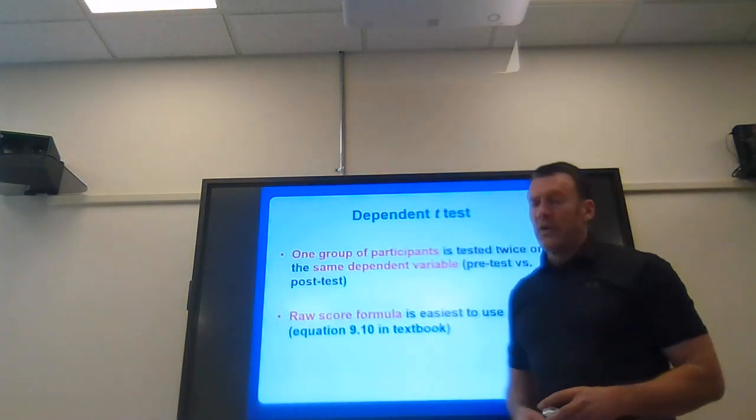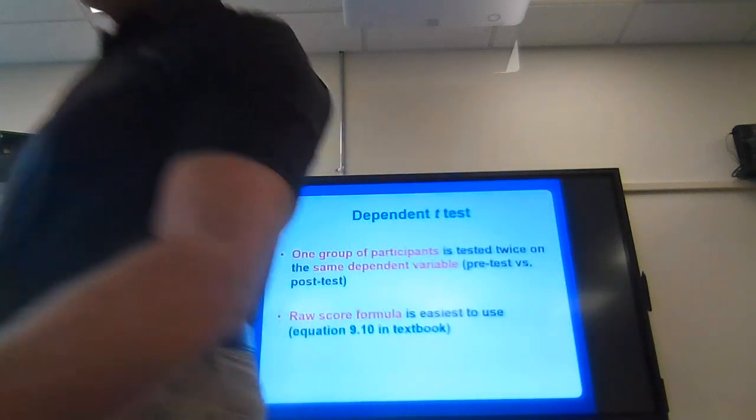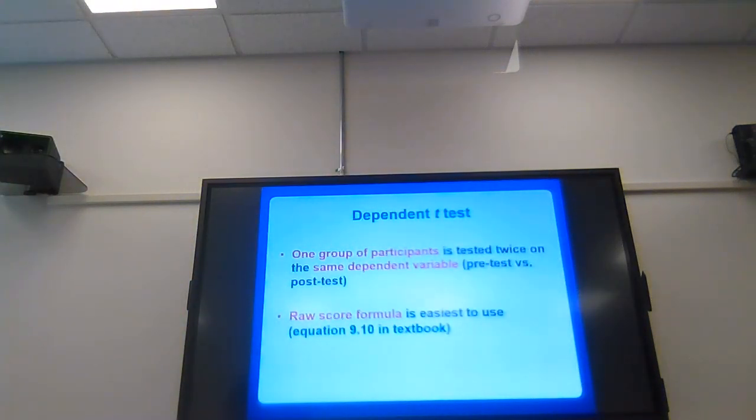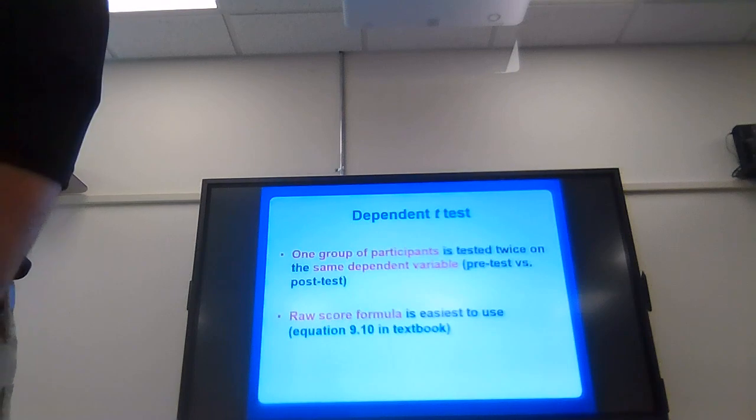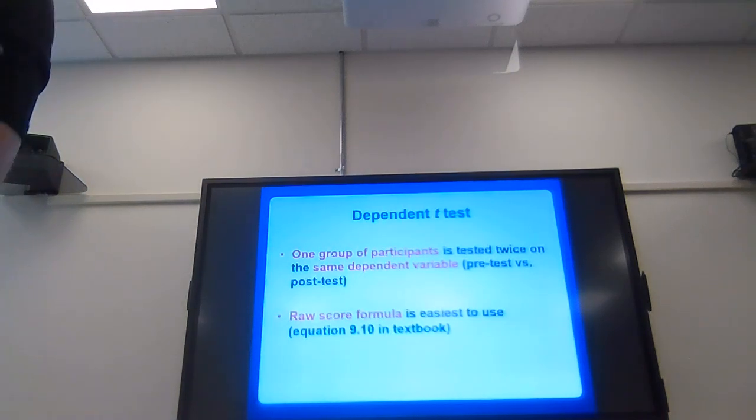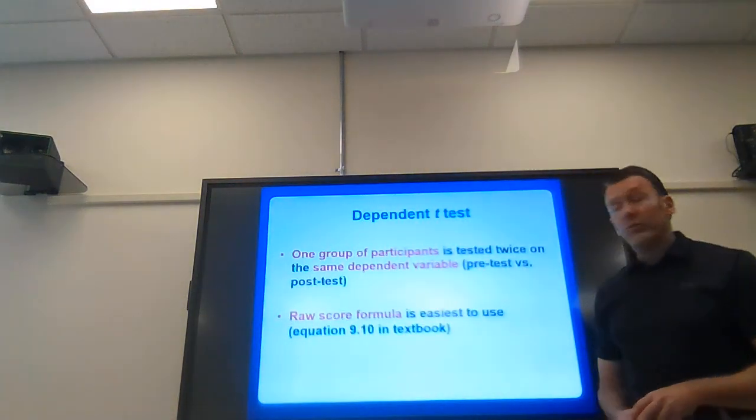From your textbook, it's an even uglier formula than what we had for the independent t-test, but here it is right here. Just want to make you aware, but we won't actually go in and do that. There is a formula, but Excel does that for us, thankfully.